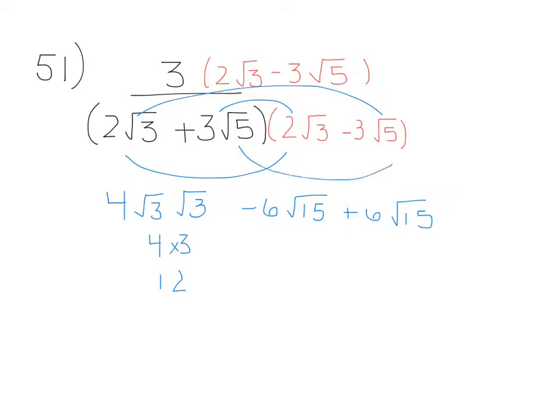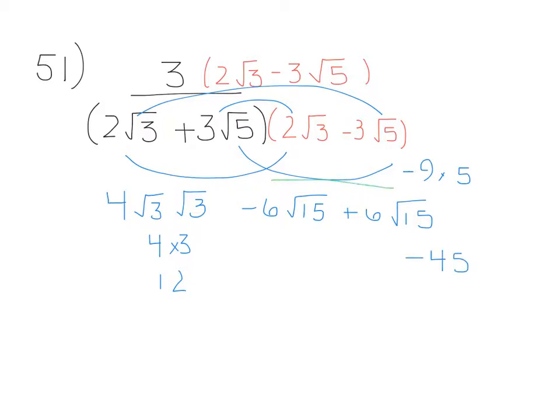And then last times last is 3 root 5 times negative 3 root 5. And that would be 3 times negative 3, which is negative 9, and root 5 times root 5, which is 5. Negative 9 times 5 is negative 45.